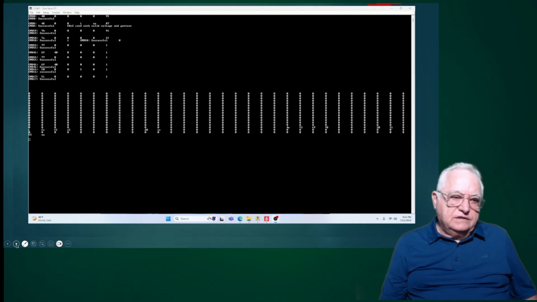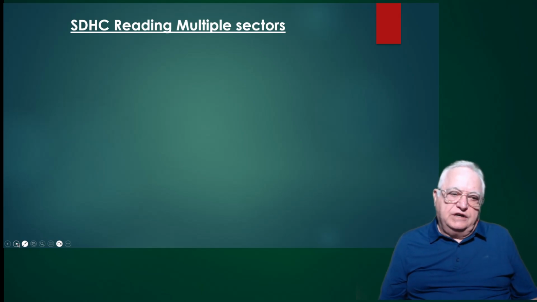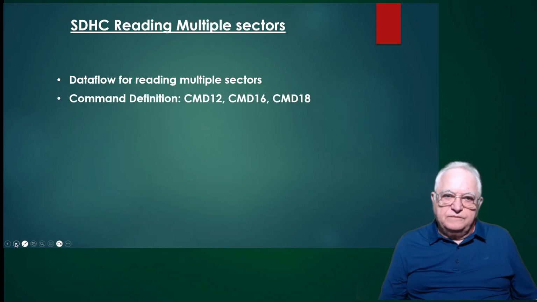Okay, so now let's move on to reading multiple sectors. We're going to start as usual by presenting the data flow to read multiple sectors. Then we're going to define the commands.